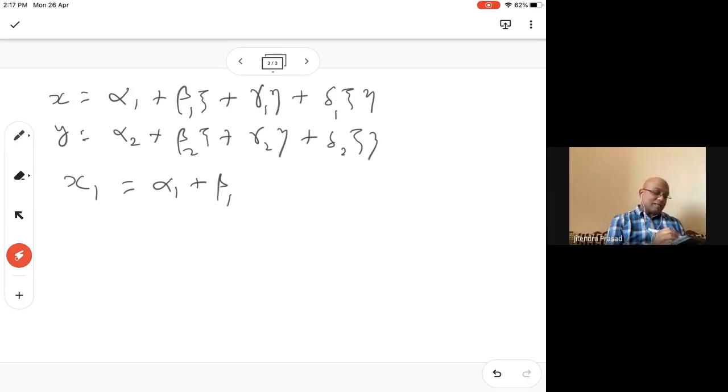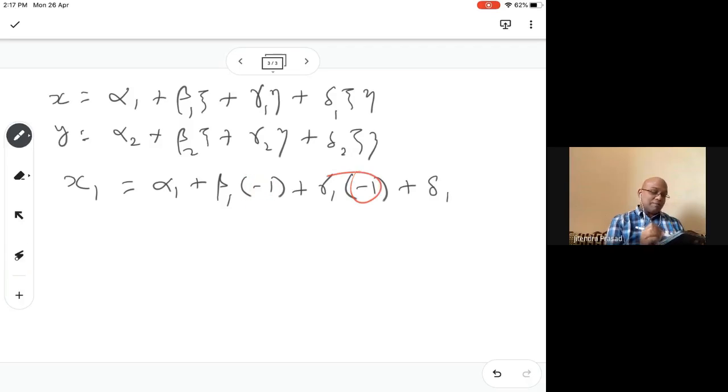What is xi at x1? Xi is minus 1. Plus gamma 1 times eta, and eta at x1 is also minus 1. Plus delta 1, and minus 1 multiplied by minus 1 is simply 1.